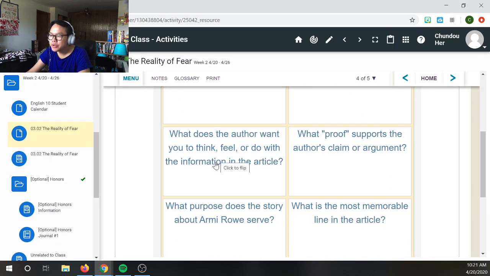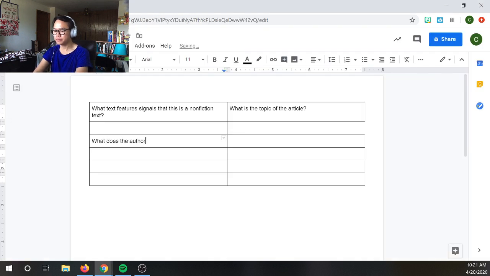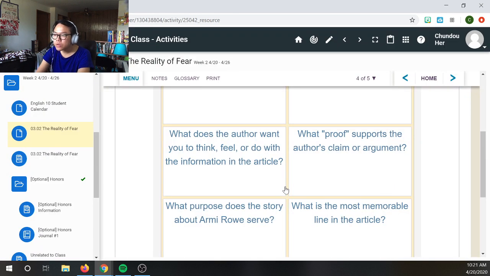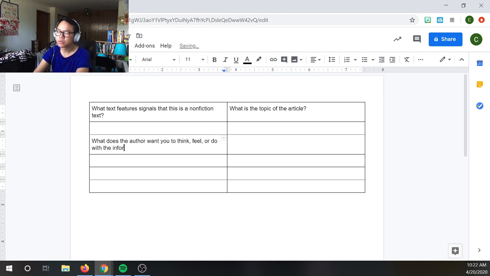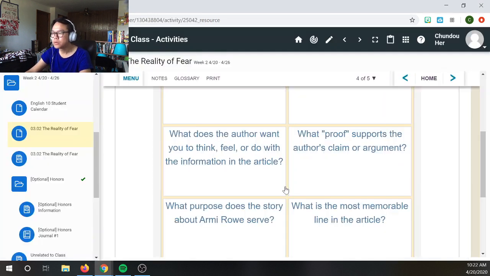What does the author want you to think, feel, or do with the information in the article? What proof supports the author's claim or argument?